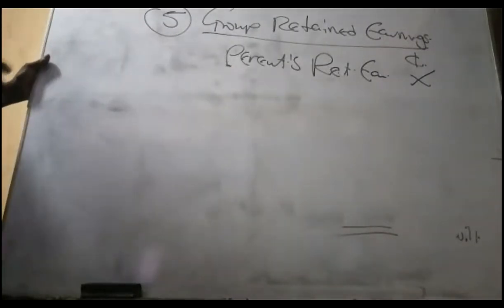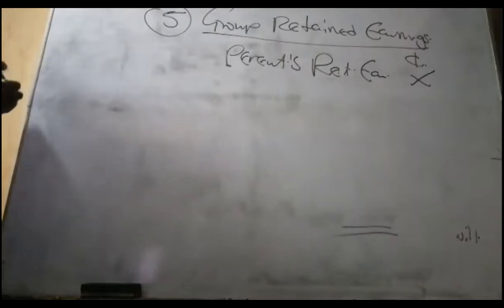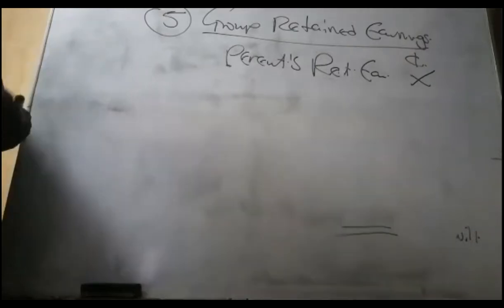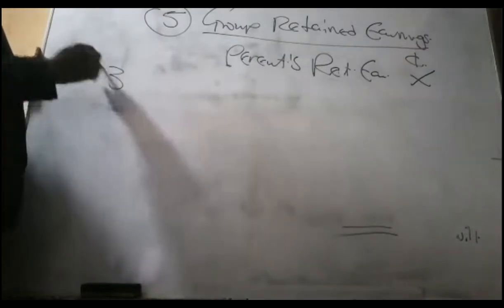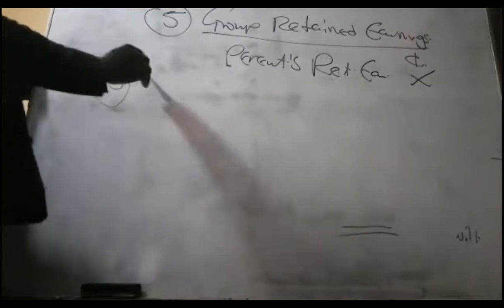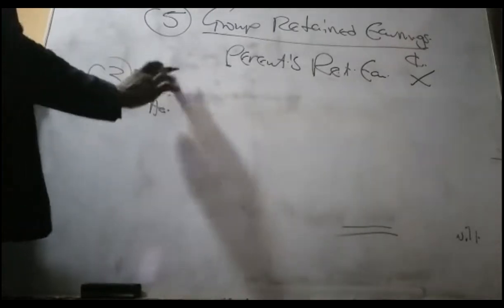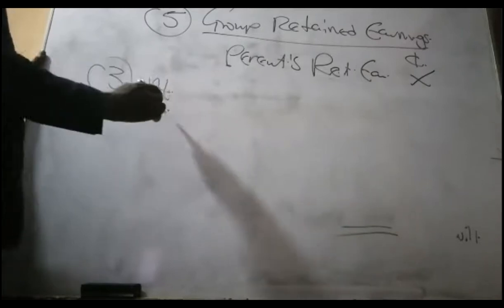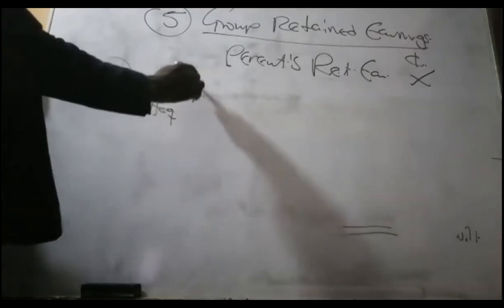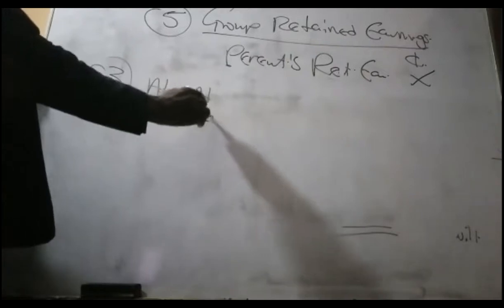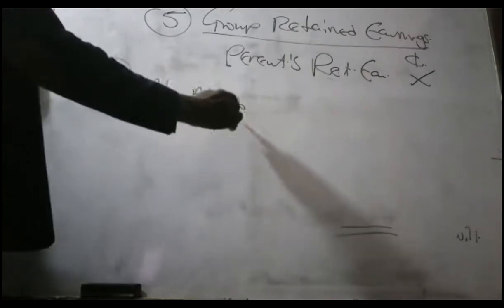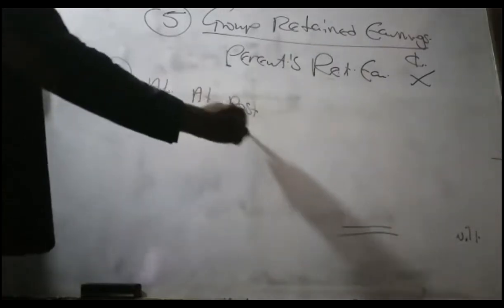Then the parent share of the subsidiary's post-acquisition changes in the net assets. Have you seen the step 3, the net assets? Is that at acquisition or at reporting? We say post-acquisition.